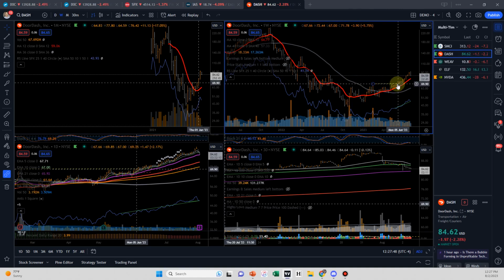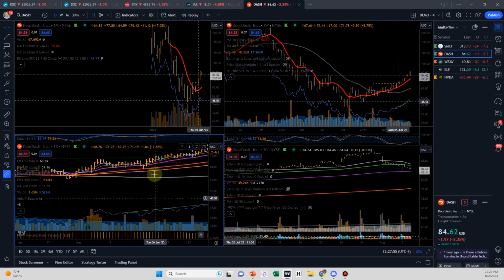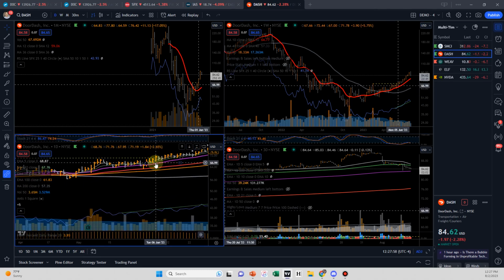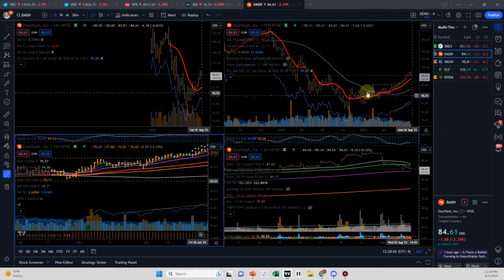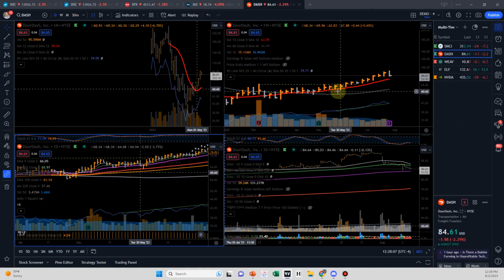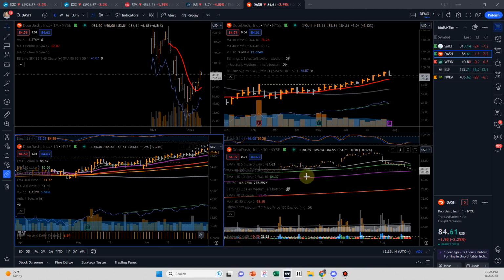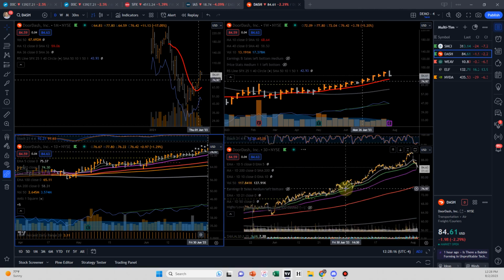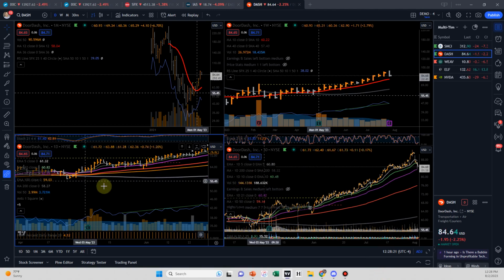Notice this setup here, right? It's consolidating below this area, and I'll zoom in over here on the daily time frame because the stop placement on this one got to be pretty tight. On this, you might say that, oh, on the weekly I'd put a stop down here, but when you start to look down at the daily time frame, and then when you start to zoom down into the 30-minute time frame, that's where you could start to fine tune some of your stops.